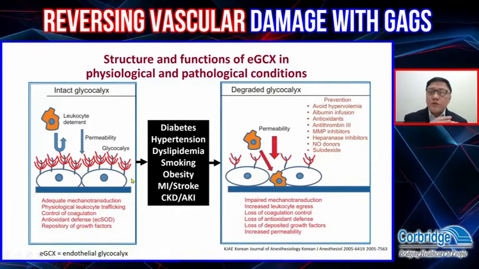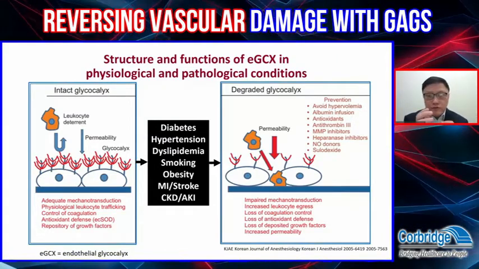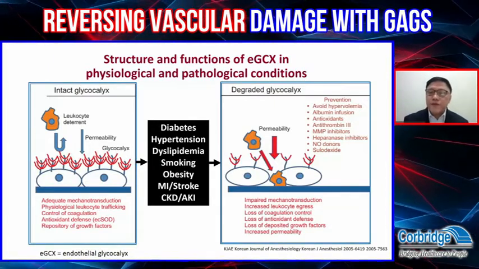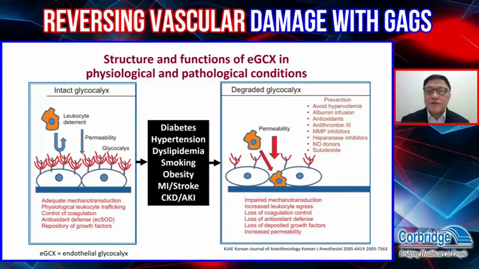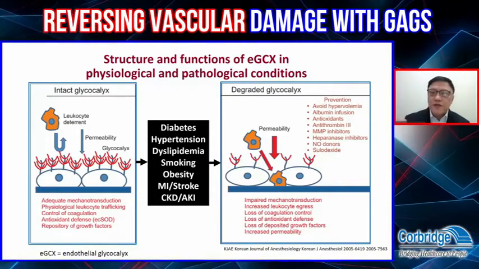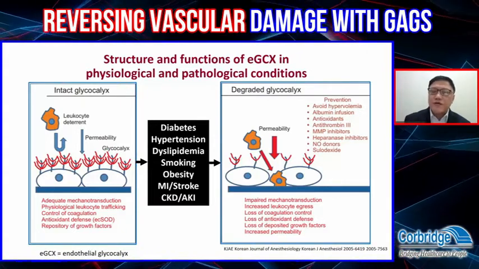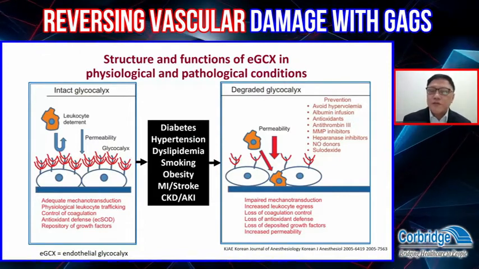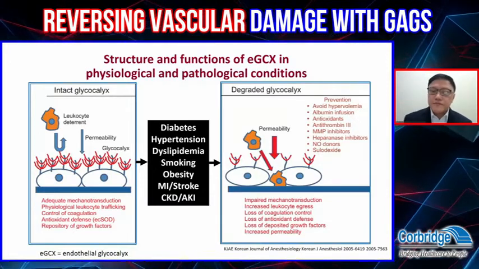Of course, there's normal wear and tear. In 5 to 7 days, if you damage the glycocalyx, it will return by itself and return its function, protecting the blood vessel. However, if there is persistent damage, then the natural healing to resupply the components of the glycocalyx is prevented.